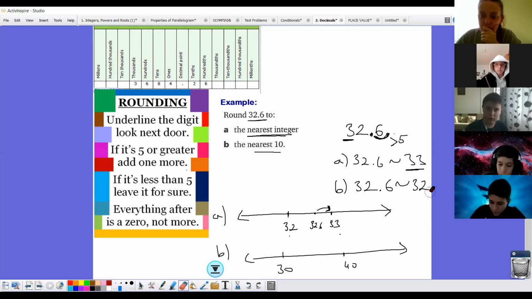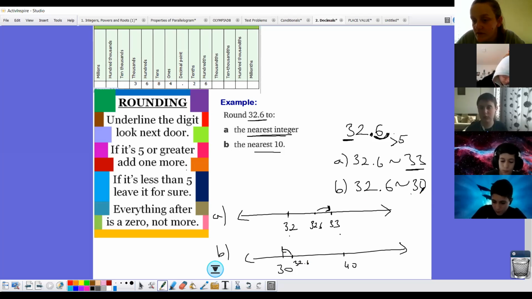This one, it won't be 32, it will be 30, okay? And now I will try to find 32, it will be here somewhere, yes? 32.6, and this one is nearer to 30, and then I will round this number to 30, okay?